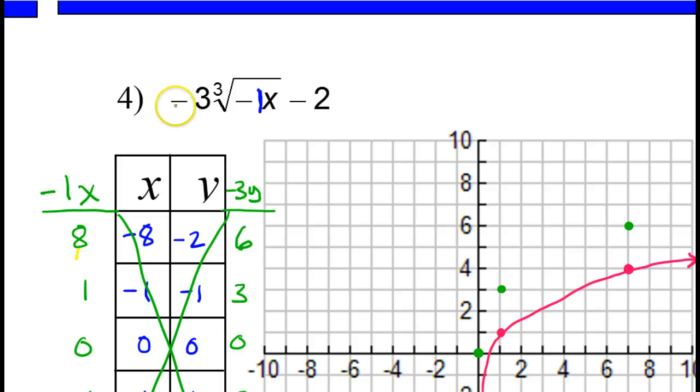Now the transformations. First of all, this negative sign in the very front gave us a reflection over the x-axis. So a negative sign in the very front is a reflection over the x-axis.